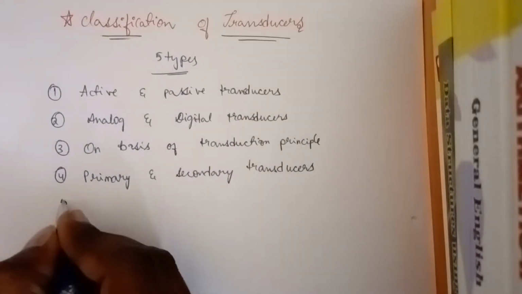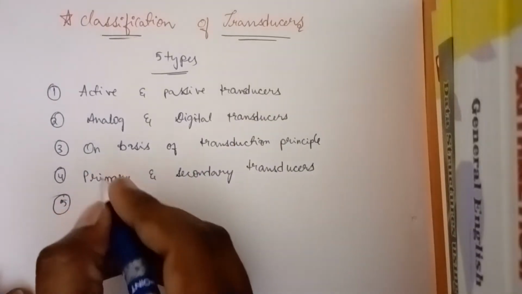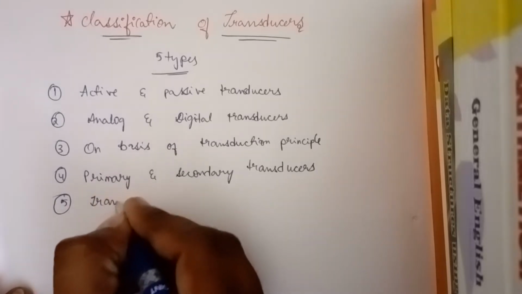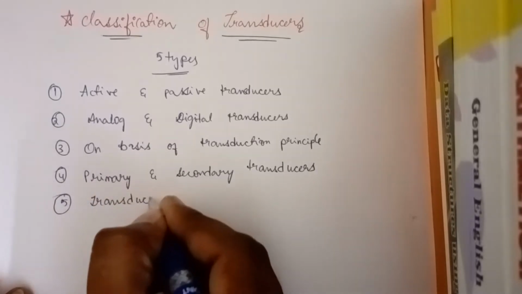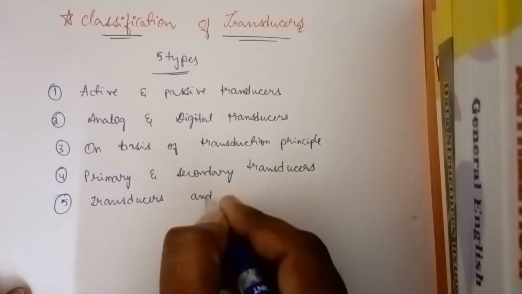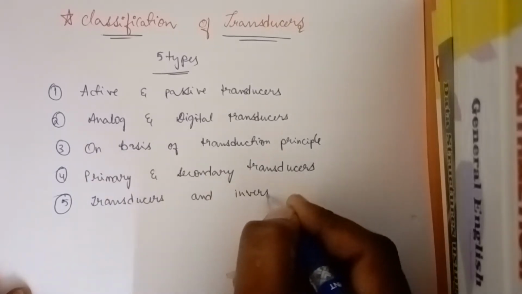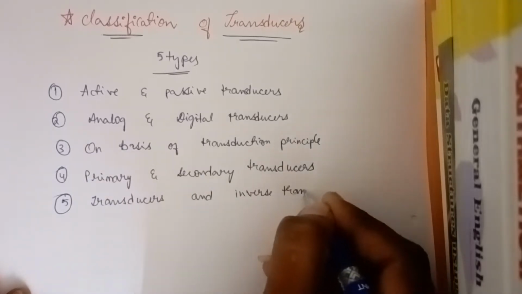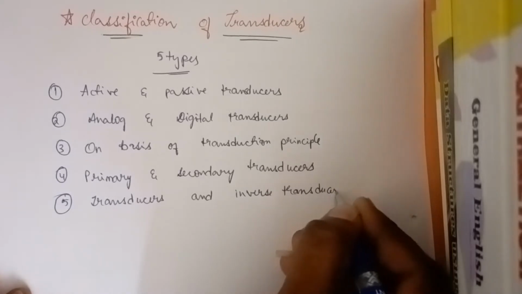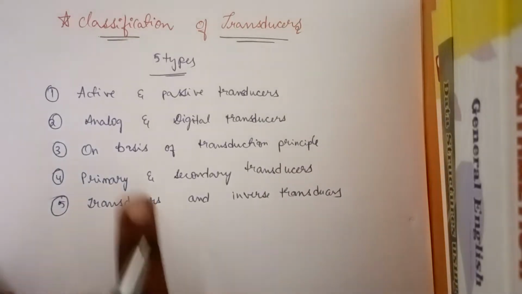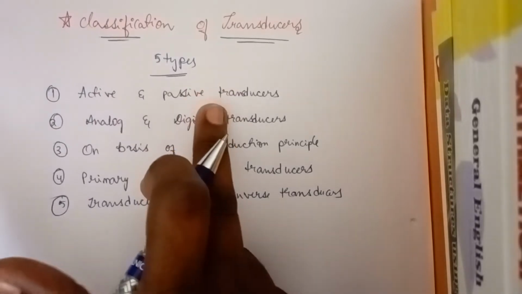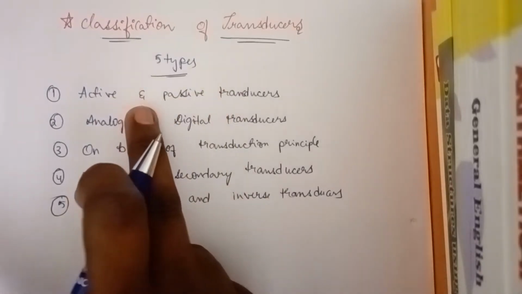Next, the last type of classification of transducers is transducers and inverse transducers. So we'll be learning about each type of transducer in detail along with the examples.